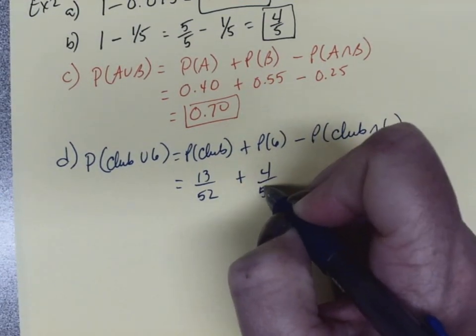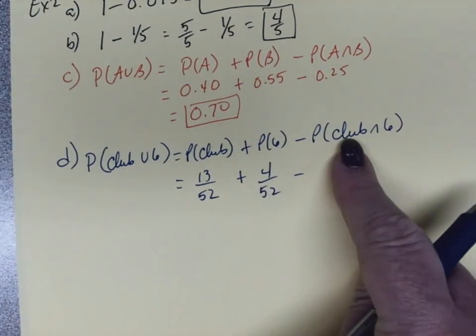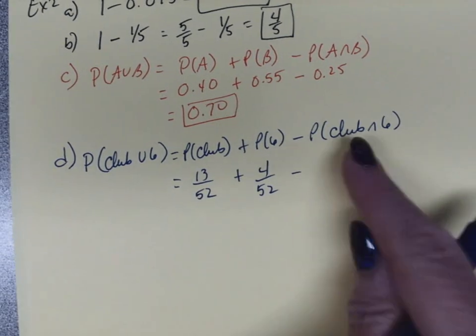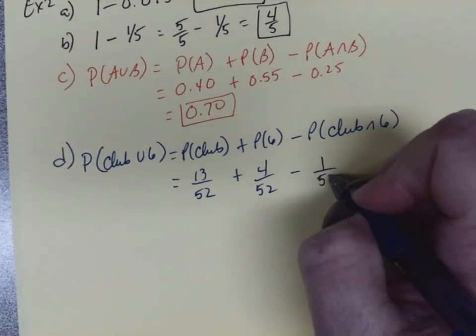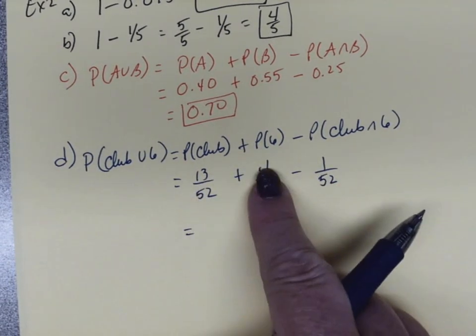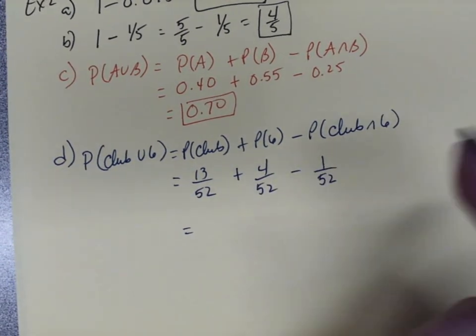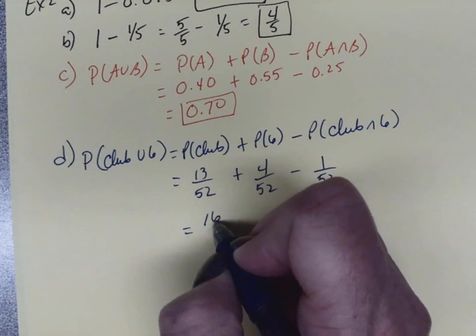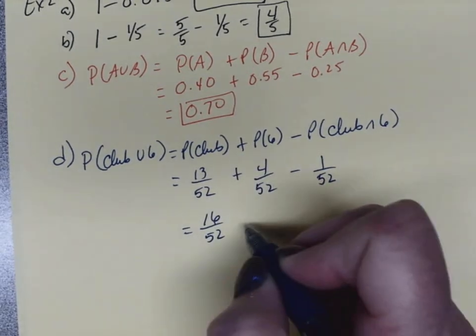So plus 4 out of 52. There is only 1 six of clubs, so minus 1 out of 52. This will get us 13 plus 4 minus 1, which leaves us with 16 out of 52.